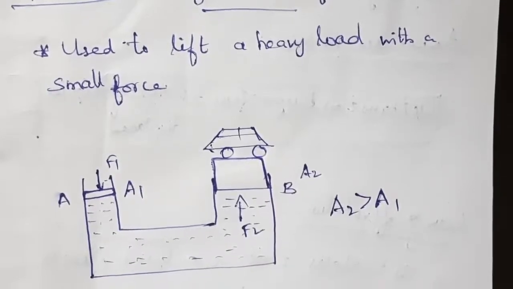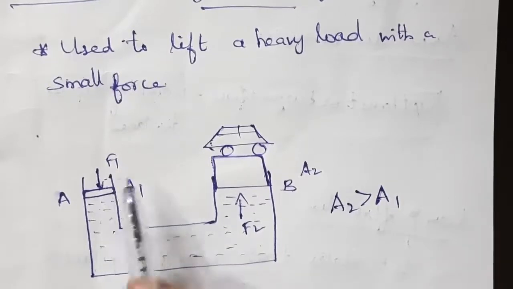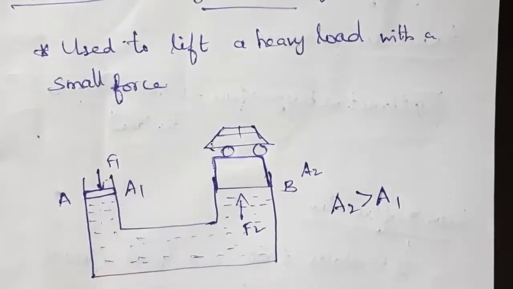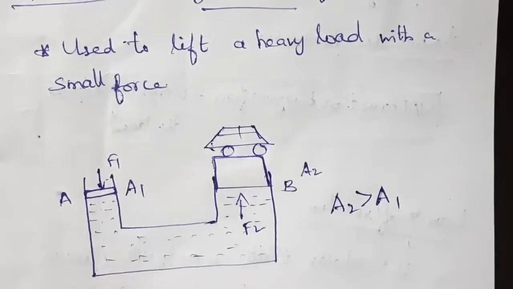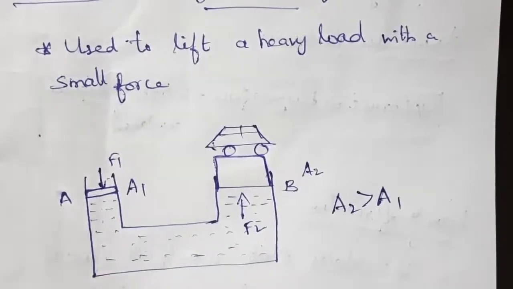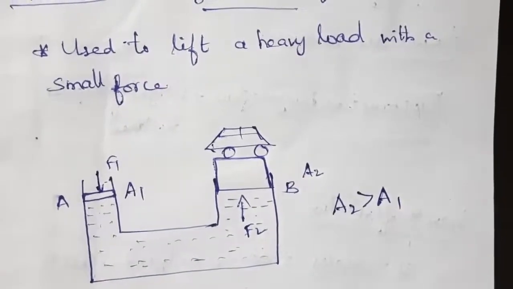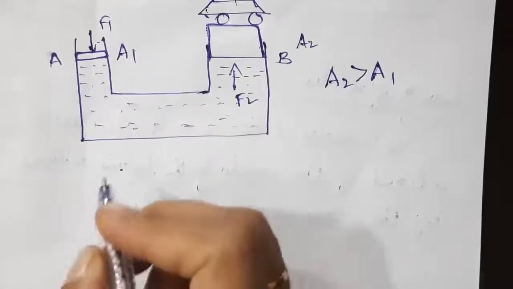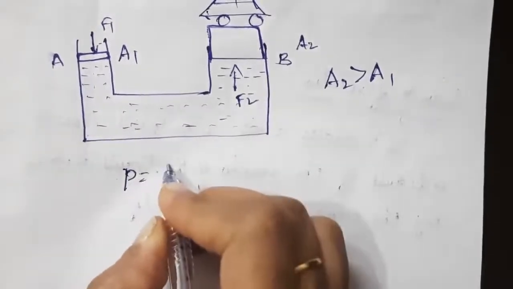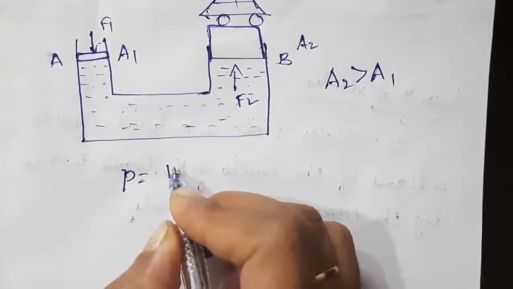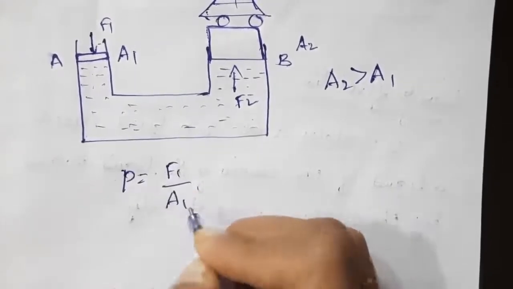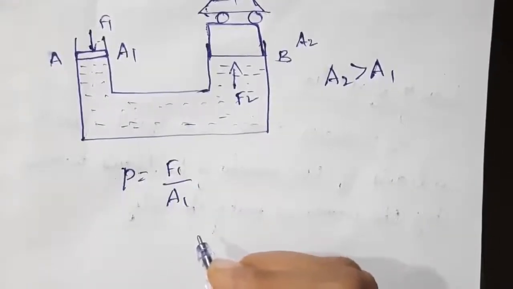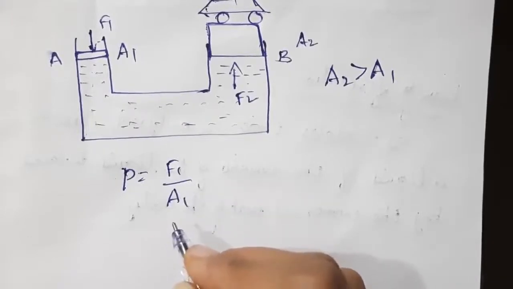Here, when we apply a downward force F1, the pressure created can be written as P equals force per area, so F1 by A1.